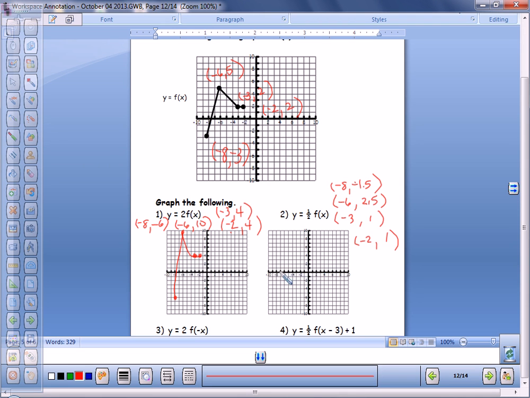And we could plot those points. And so we should be able to tell this one has been vertically compressed. It's been pressed down, vertically compressed.